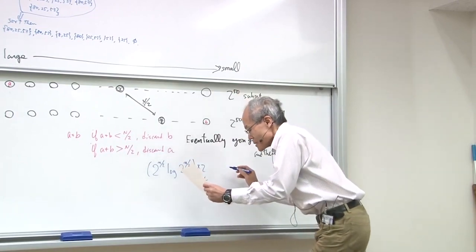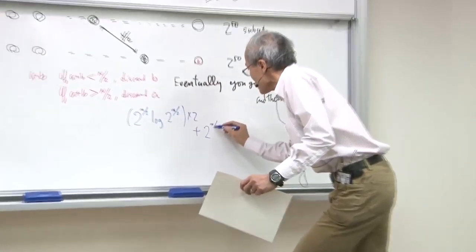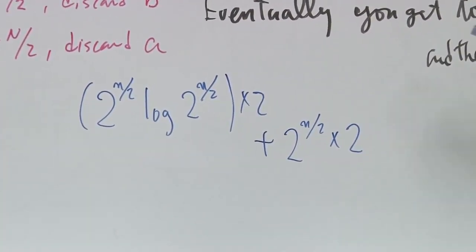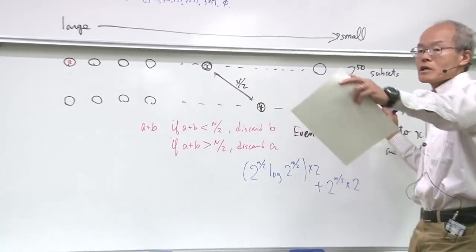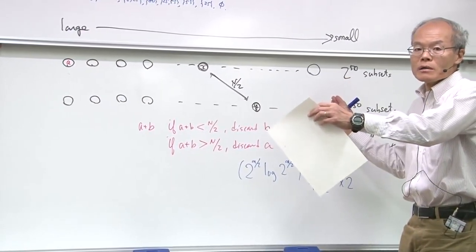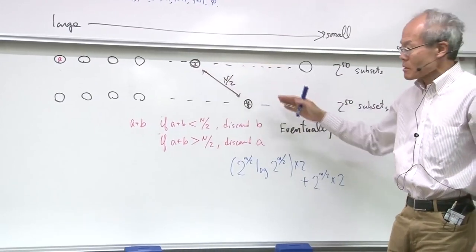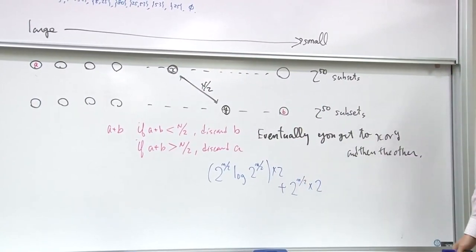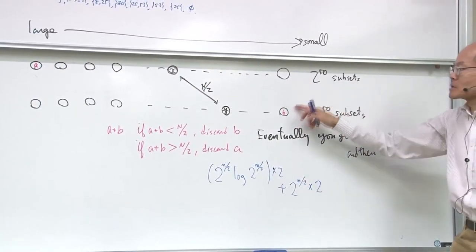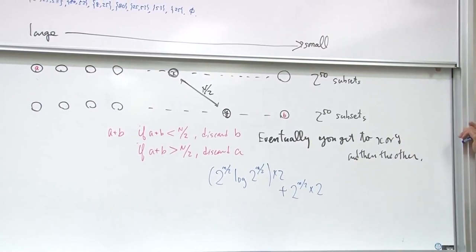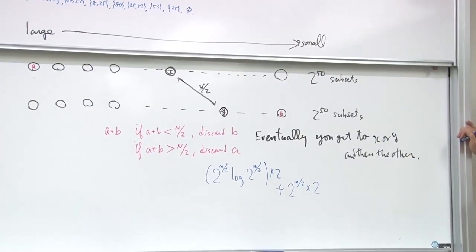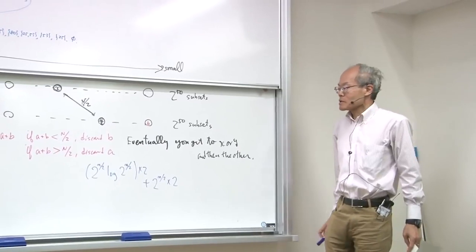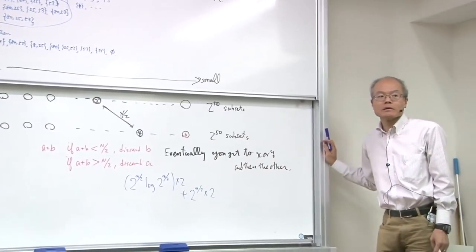That is something like 2 to the n over 2 multiplied by 2. Why? Because by doing one operation, you can reduce the size of the list by 1. The size of the list is 2 to the n over 2 times 2, the sum of the lengths of two lists. By doing one operation, you can reduce the size by 1. That means after this operation, you can get to the answer at worst.